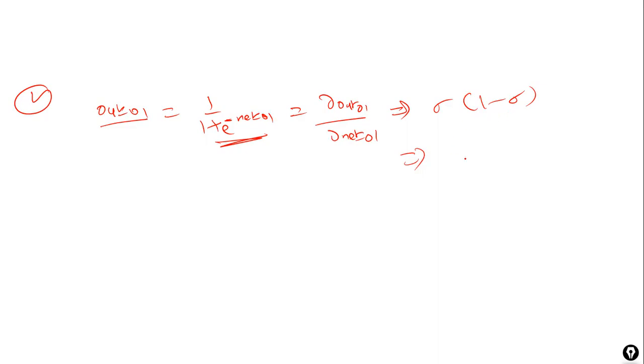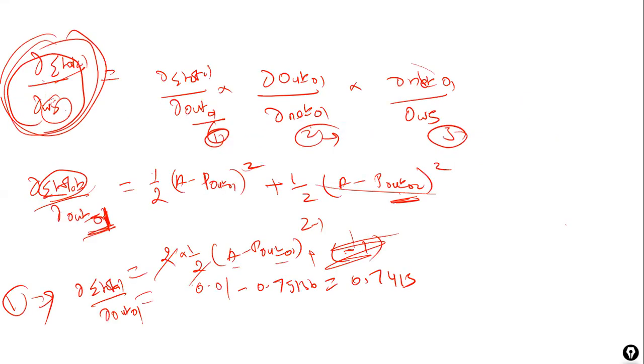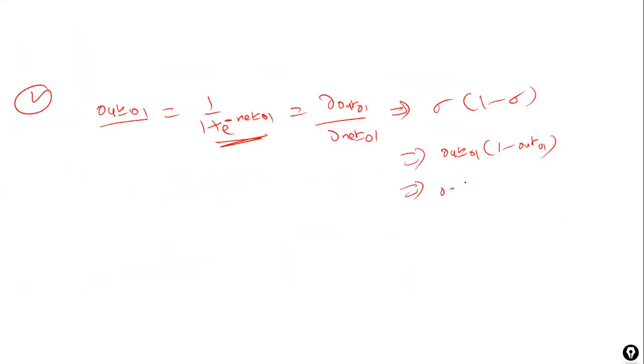Since it's straightforward, sigma in this case is out O1 into 1 minus out O1. Out O1 is 0.75136, so 1 minus 0.75136, what value will you get?